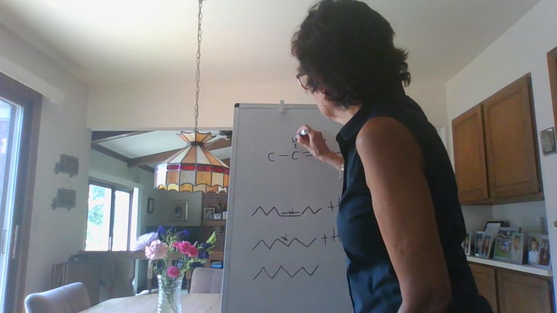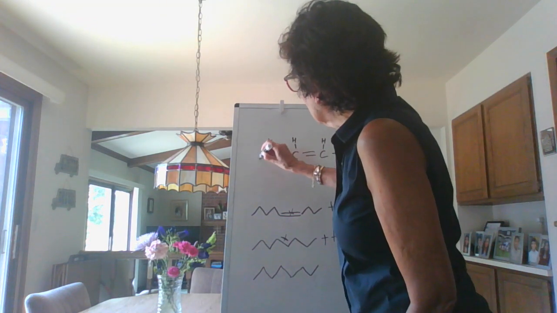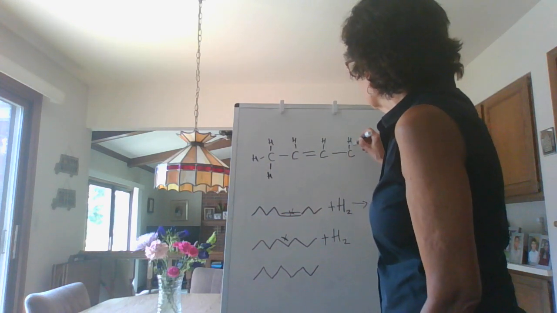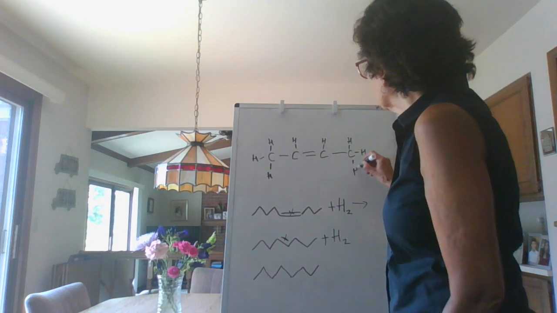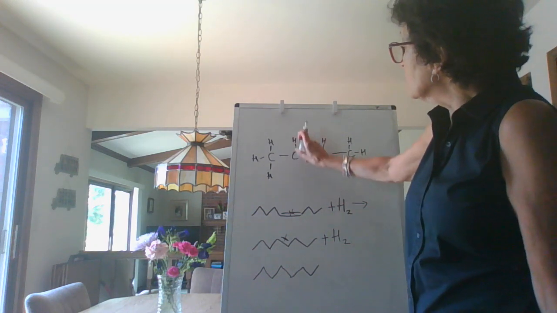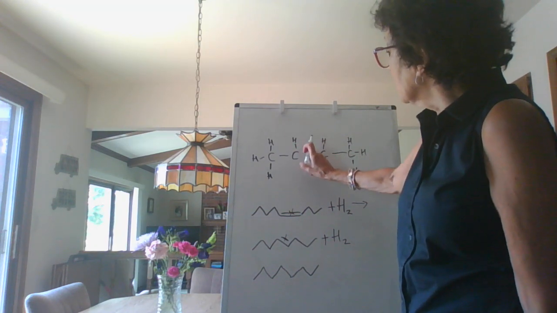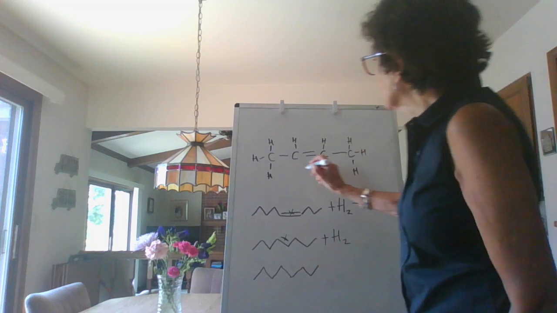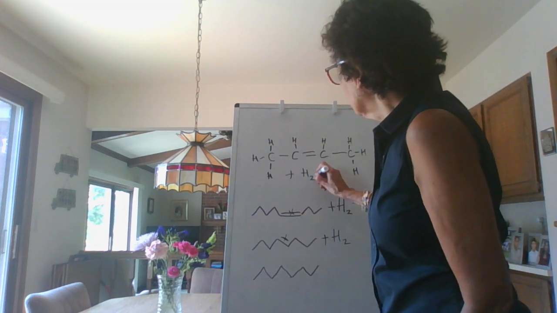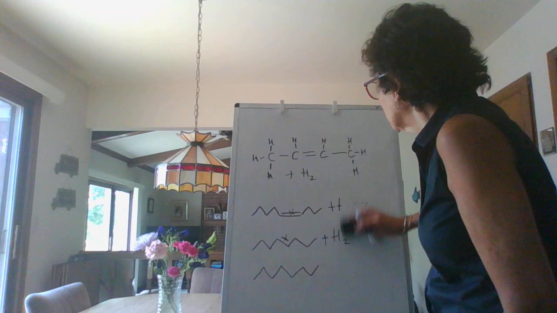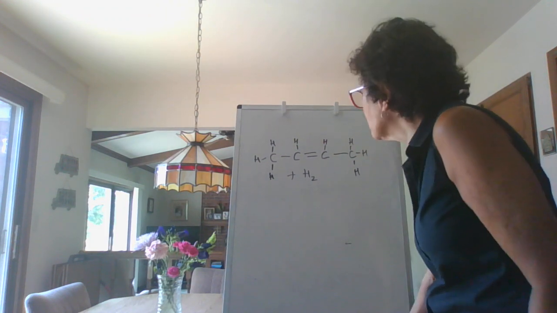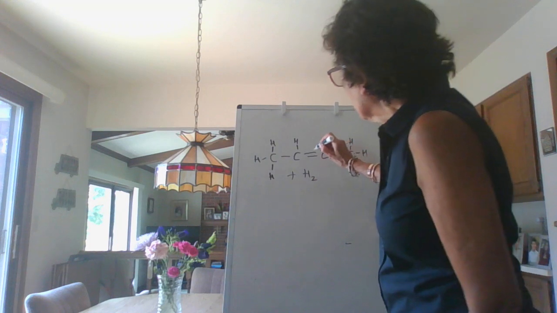So here, in this molecule, this carbon's got 3 hydrogens, this carbon's got 3 hydrogens. This carbon only has 1 hydrogen because of this double bond. Here's 1, 2, 3, 4 bonds. 1, 2, 3, 4 bonds. Okay, so when you add a molecule of hydrogen, let me erase these line drawings. This is easier for you guys to see.